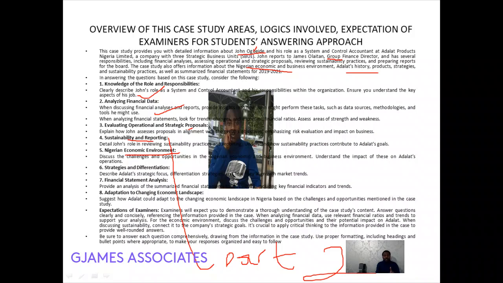Strategy and differentiation, which we just finished, and I recommended 2 models that you should check. You can check it on GJAMES Associates CSME. Try to understand Ansoff's business growth model, and also Michael Porter's generic model.